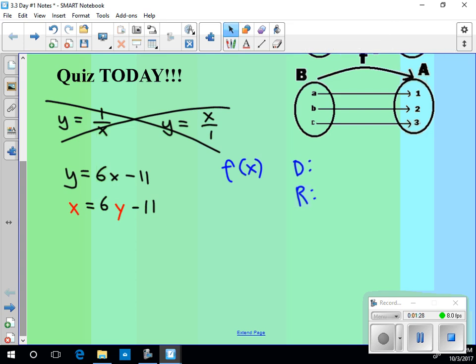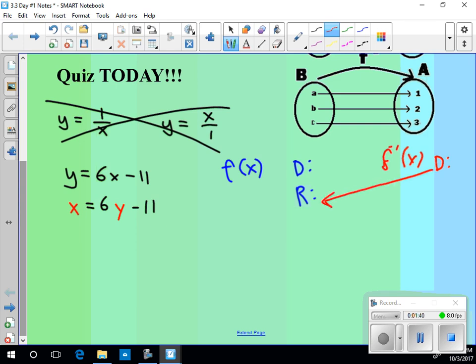What's cool about inverses is that the domain of the inverse of f is equivalent to the original's range, and its range is equivalent to the original's domain. So what we did was we switched the x's and the y's.